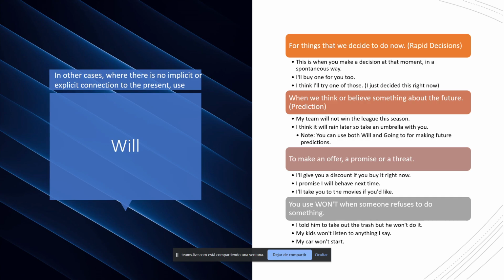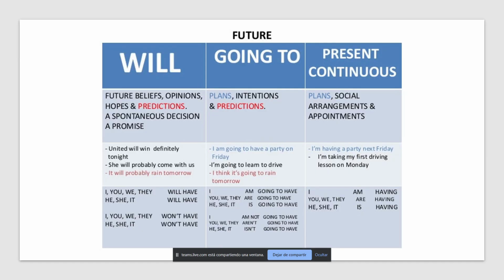Do you have questions or comments about the uses of "will"? No. Okay, in the next one we have a chart with the difference between "will," "going to," and present continuous. We use "will" for the future, more like predictions without evidence, spontaneous decisions, promises, opinions, offers, future beliefs, hopes.